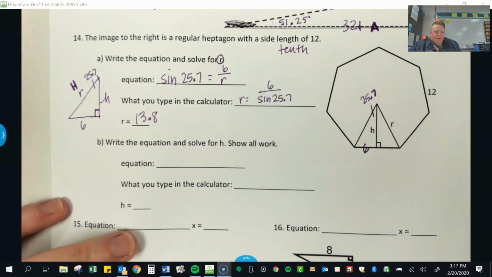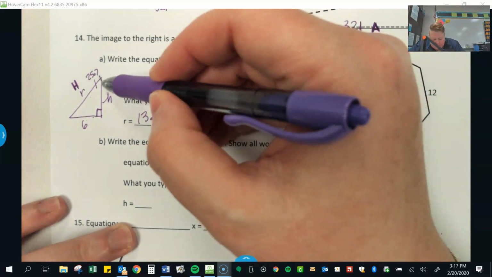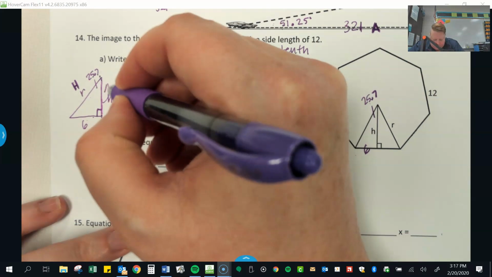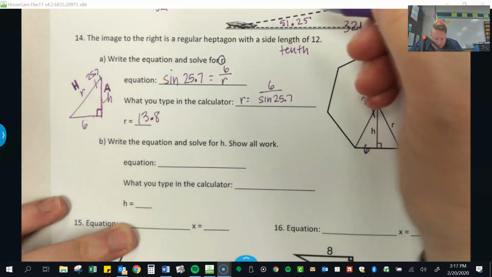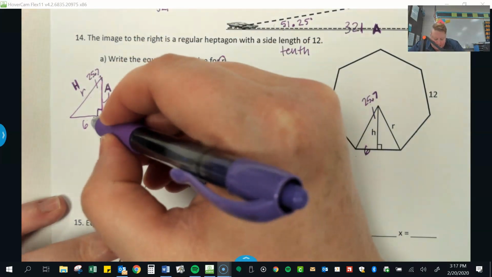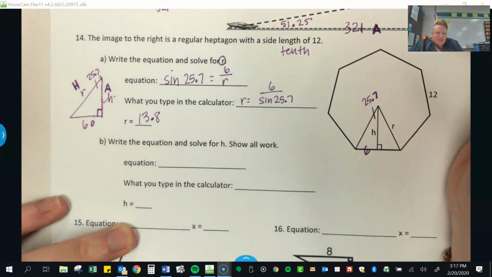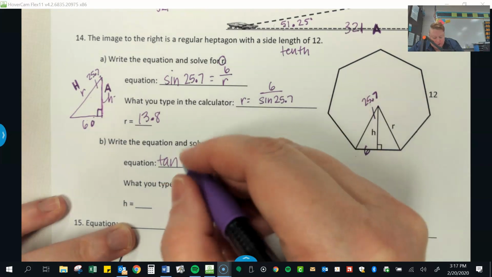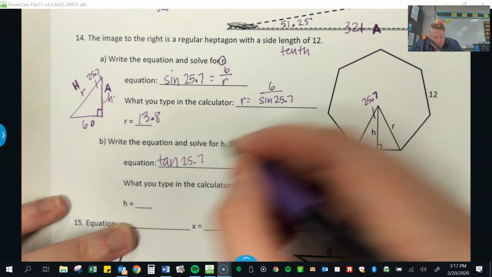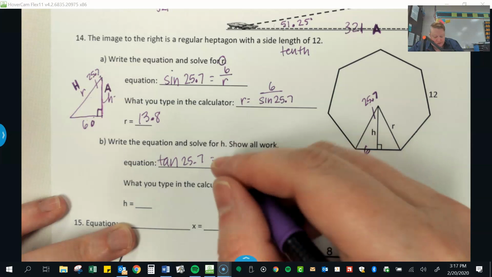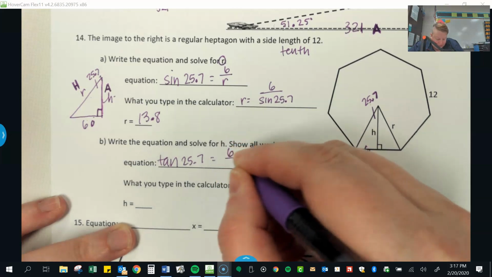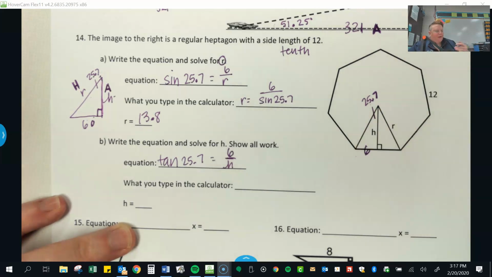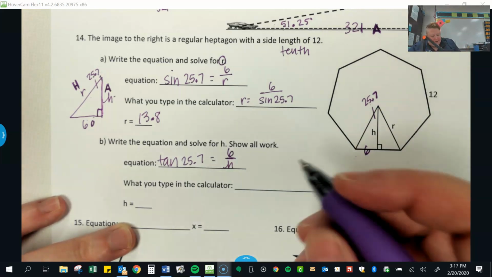Now we're going to solve for h, this part. Again, we're still standing here. The h is my adjacent side. So I have my opposite side, and I'm looking for my adjacent side. The tangent uses opposite over adjacent. So the tangent of the angle, 25.7, is equal to opposite over adjacent. When x is down low, we divide.